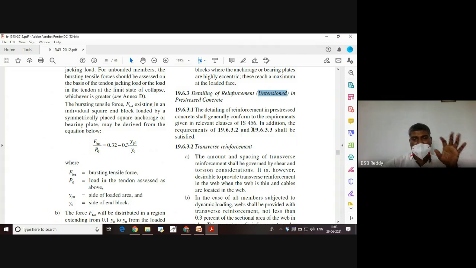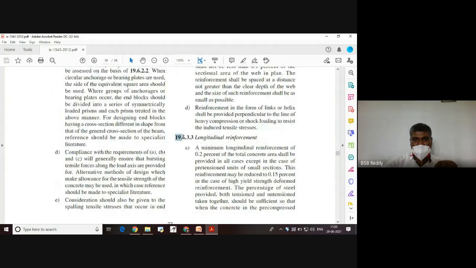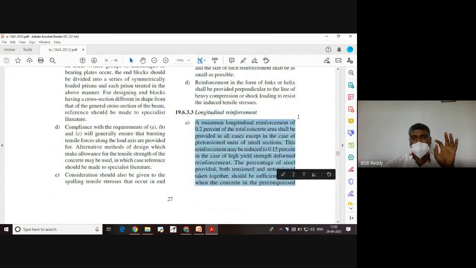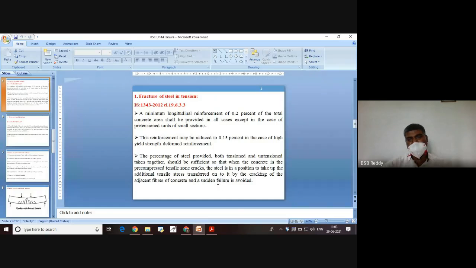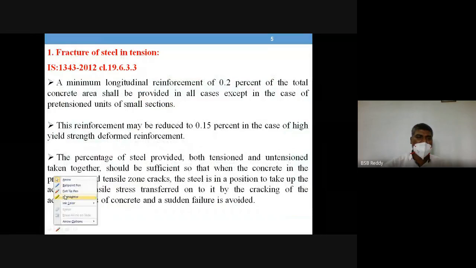There is tensioned steel also available, but what we talk about is untensioned steel. 19.6.3.3 is about longitudinal reinforcement, the minimum amount of steel to be provided. This is on page 27 of your IS code, and it shows what exactly the minimum steel required is.